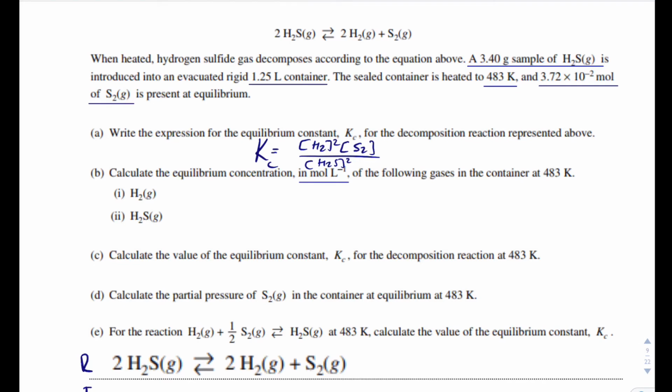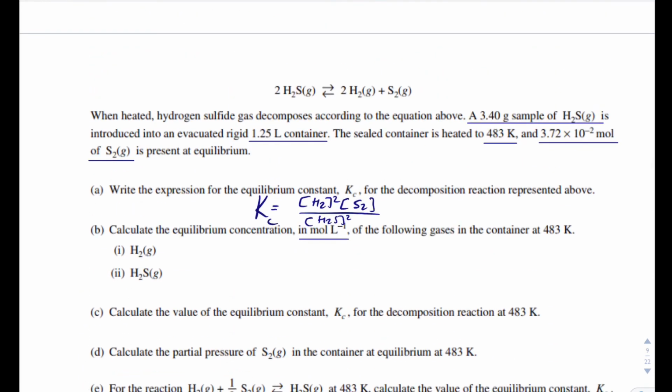So what I need to do is get the initial molarity of H2S, and that is going to be 3.40 grams of H2S. There are 34.08 grams of H2S for every 1 mole of H2S. So this gives me about 0.1 moles of H2S, but I can't plug in moles, it's got to be liters.